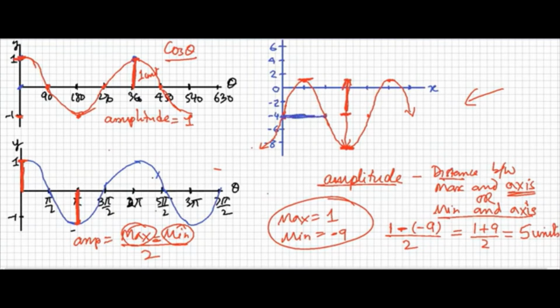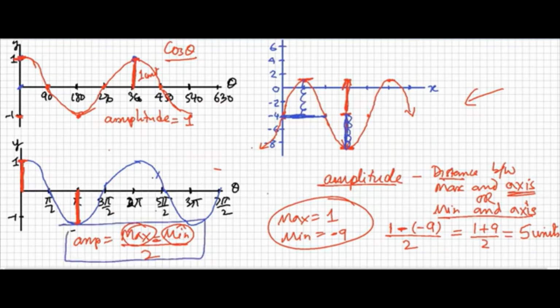This is the axis. So 1, 2, 3, 4, 5. That's correct. 5 units is the distance between maximum and axis. Let's count minimum and axis also. 1, 2, 3, 4, 5. So the amplitude of this graph is 5. This is how we find amplitude, maximum minus minimum divided by 2.